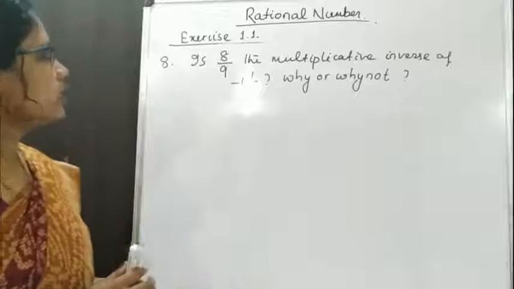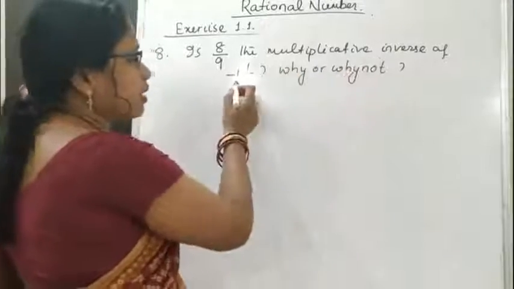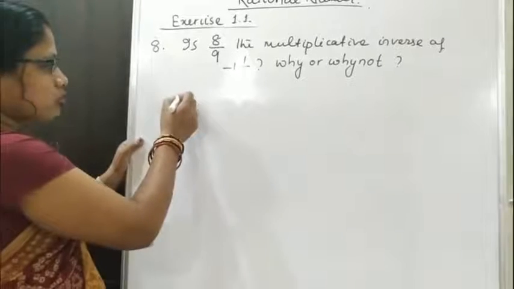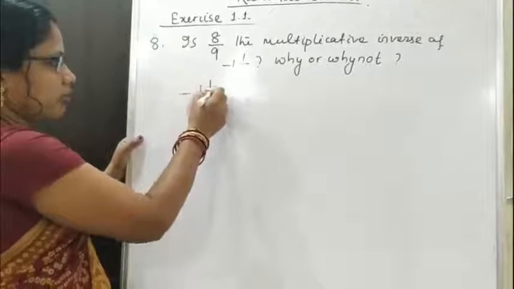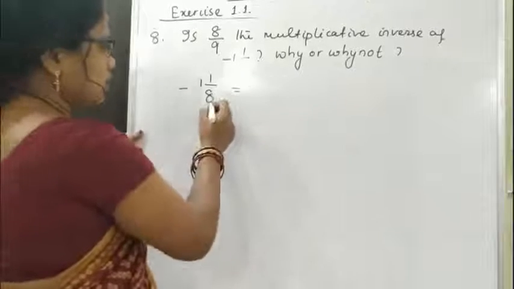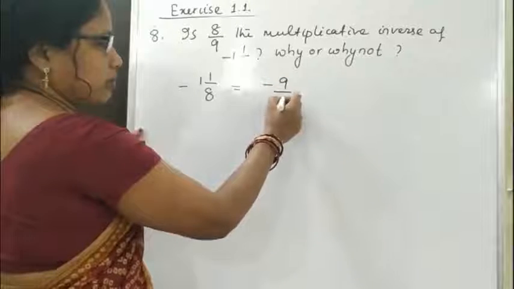Next question is, is 8 by 9 the multiplicative inverse of minus 1 1 by 8 or not? Why or why not? So minus 1 1 by 8 can be written as minus (8 into 1 plus 1) by 8, that is minus 9 by 8.